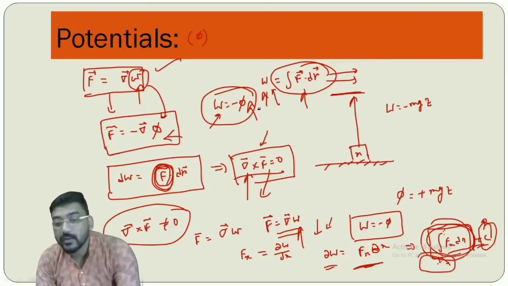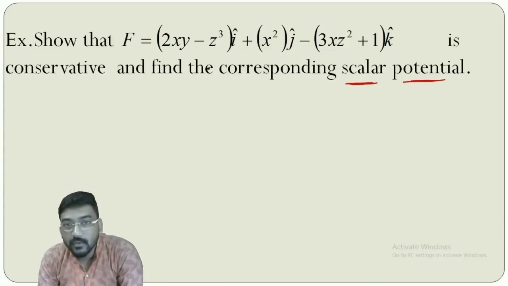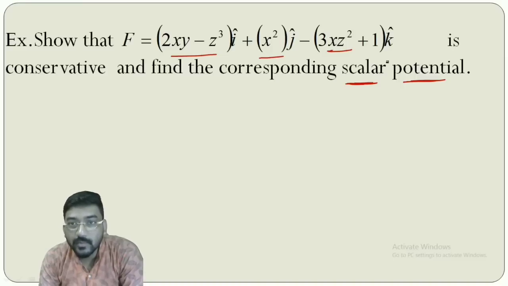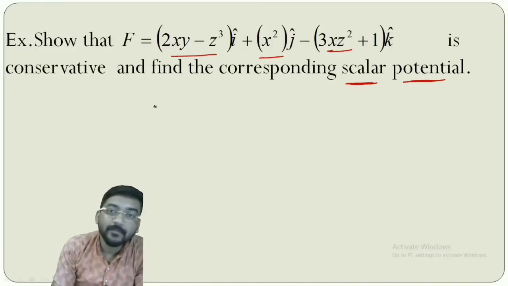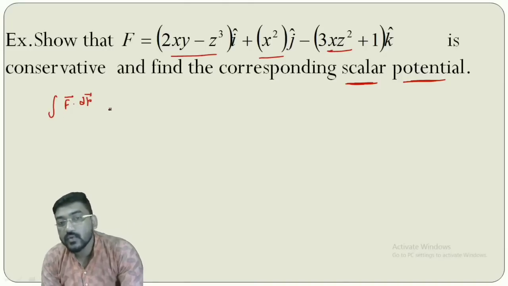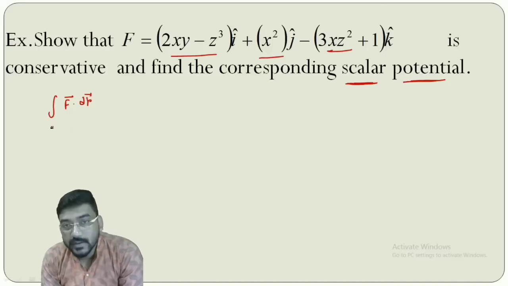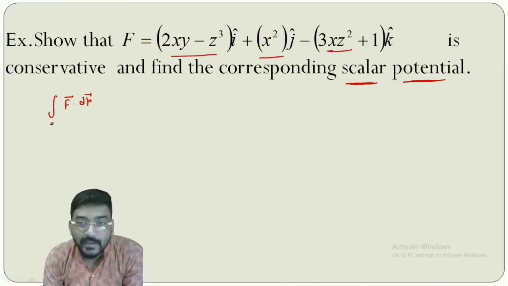So let me find out phi or w for the previous problem. Here in this problem, we have already seen that curl of f is equal to 0 for this function. So we can easily find the integral of f dot dr by choosing any path. We also have to choose the limit of this integration, from where we are going to start, and on that reference point you will get the integrating constant.